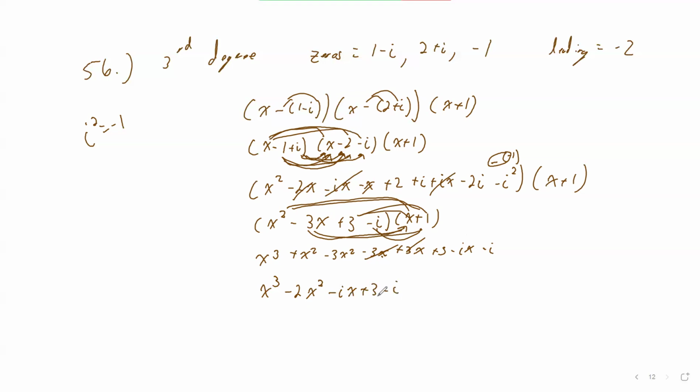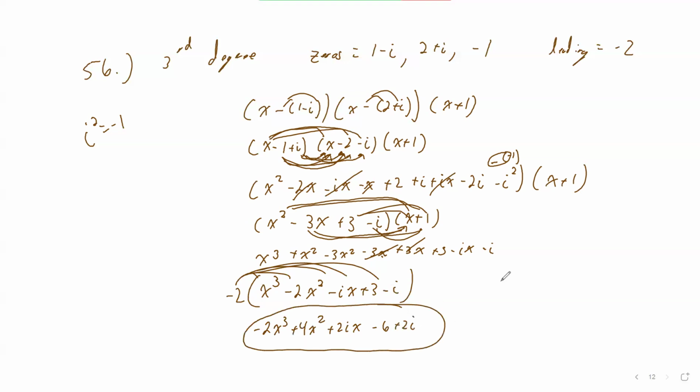I'm trying to figure out the proper way. So this is x squared, and then 3 minus i is like its own little term. I can't really combine those, but that's how you would write it. And then the leading term is negative 2, so all I'm going to do now is multiply that entire thing by negative 2. So that gives you negative 2x cubed, positive 4x squared, positive 2ix, minus 6 plus 2i.